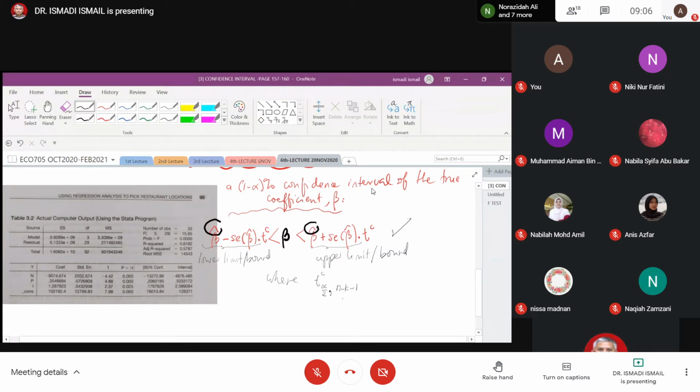You should know already what n is, the number of observations, and k is the number of independent variables, minus 1. Remember that these two elements are subscripts.